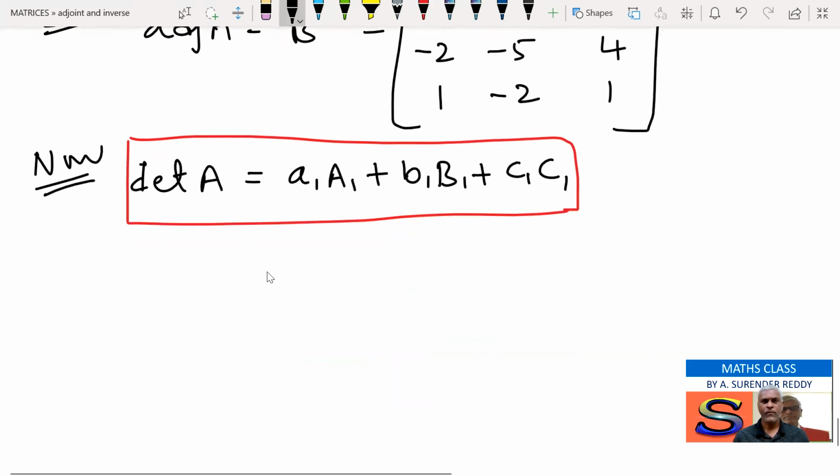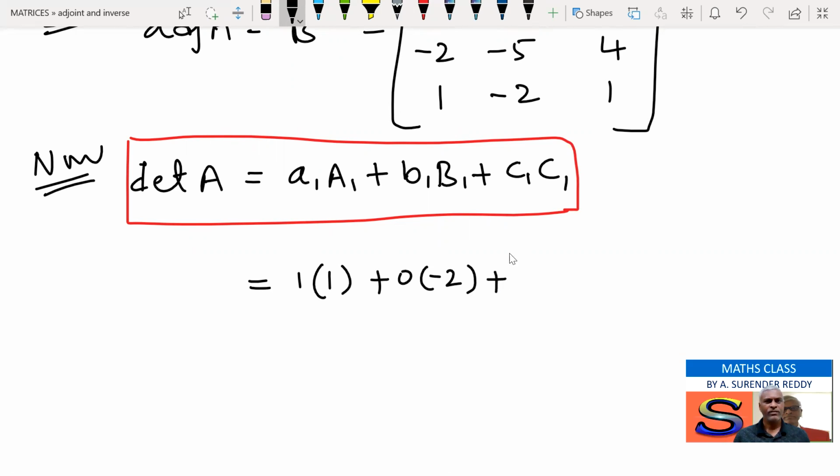Now first row, first element is 1 and its cofactor is 1. The second element is 0 and its cofactor is -2. Third element is 2 and its cofactor is 1.